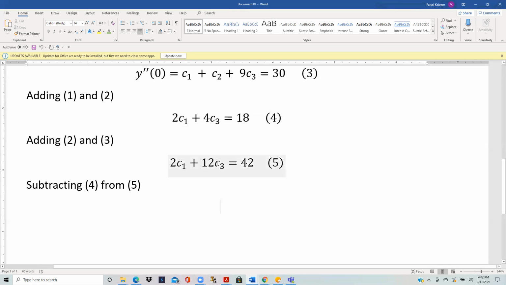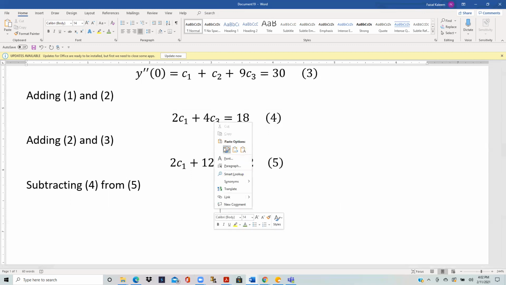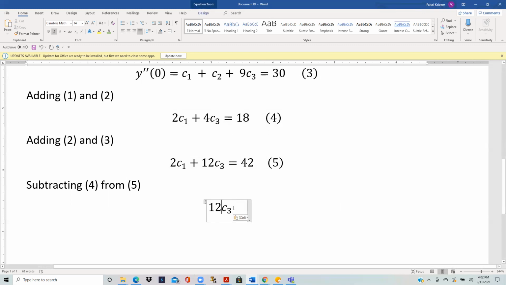And then you have 12C3 minus 4C3 will be 8C3. And then 42 minus 18 is 30.